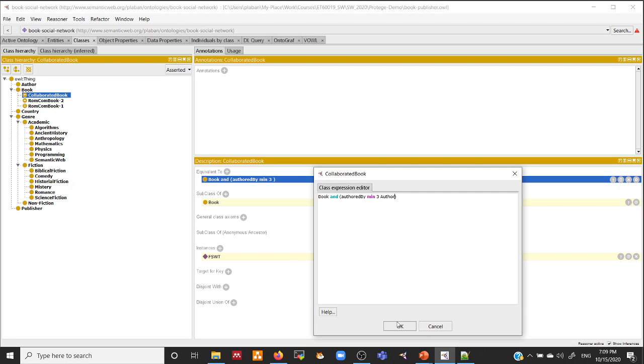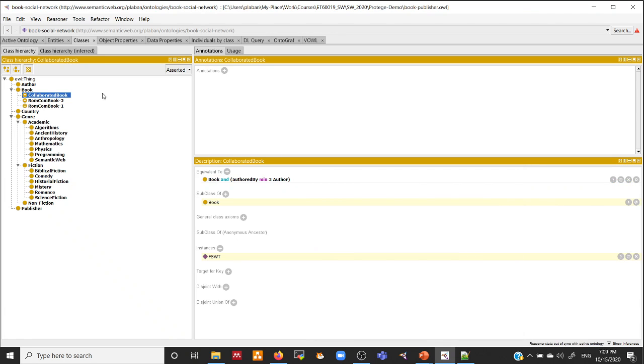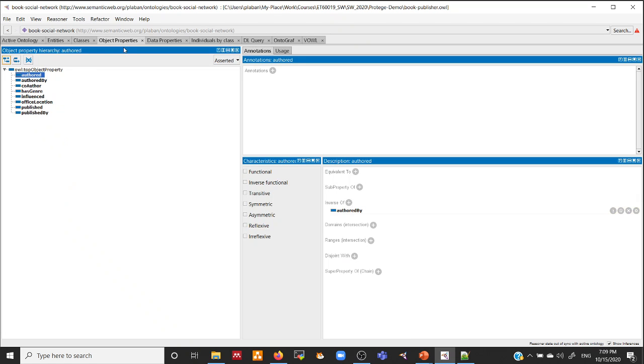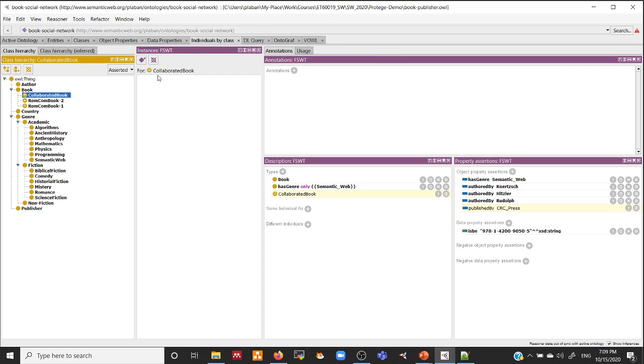Earlier, when we did not change the object property domain or range of author, we had this collaborated book contain this FSWT. Now let us see whether we have a similar situation or not.